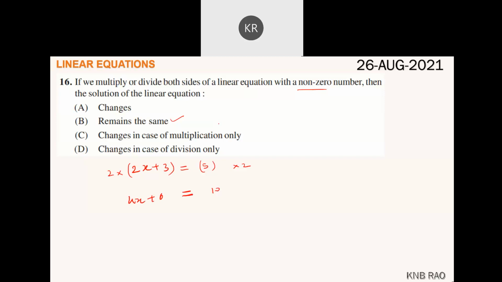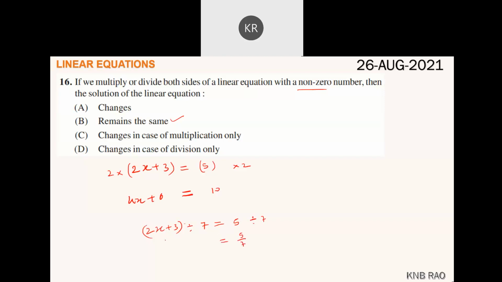Sir, if we divide, then also it will not change. No, it won't change even. When you have 2x plus 3 divided by a non-zero number, it will not change. Why?